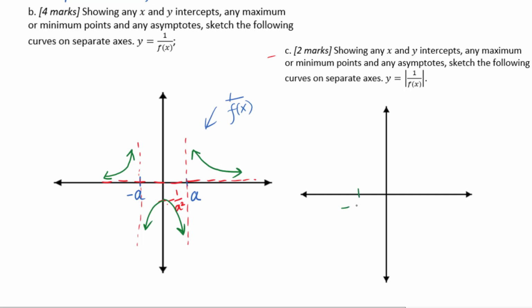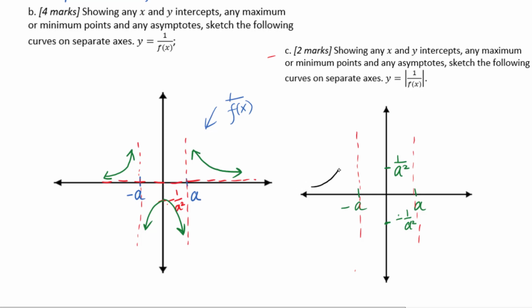Therefore, we know this is negative a, here's a. And this point is negative 1 over a squared. This point is 1 over a squared. Any graph above the x-axis will stay.